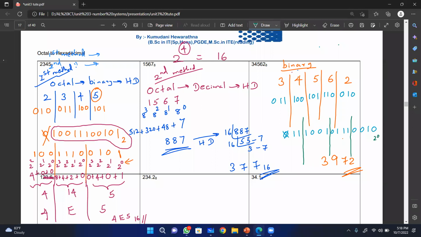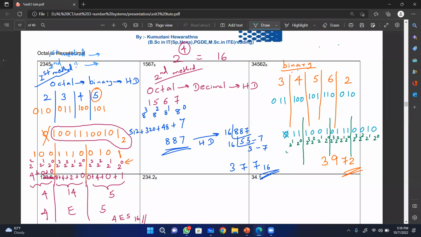And then the place values. Others, you can follow the rest of the calculations if you have already done this. 0, 1, 2, 3, 0, 1.